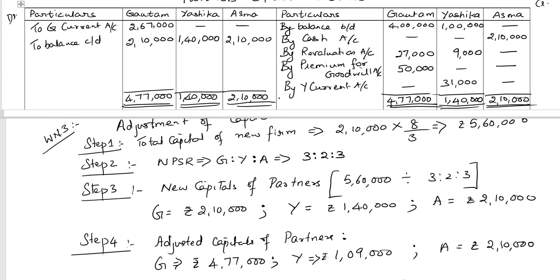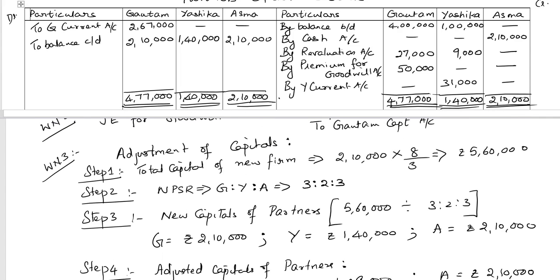So the first working note for the adjustment of capital, its first step was to calculate the total capital of the new firm based on Asma's capital, which was 2,10,000 multiplied by the reciprocal of her share in profits, which was 8/3, and we got it as 5,60,000. Step 2, the sum specifies the NPSR as 3:2:3.